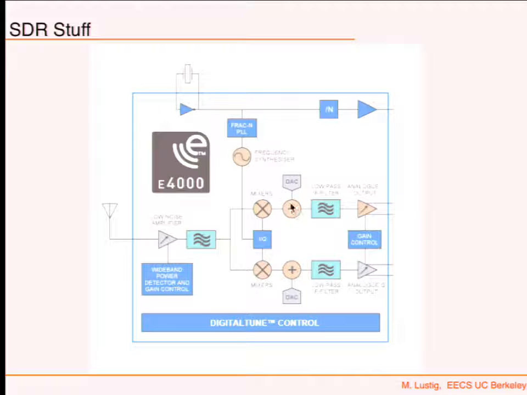Then those are, I'm not sure, digital to analog converters here. I think you can control the gain somehow, or I don't know, I'm not sure what these are for. But then you've got low pass IF filters. And then you've got two signals coming out.